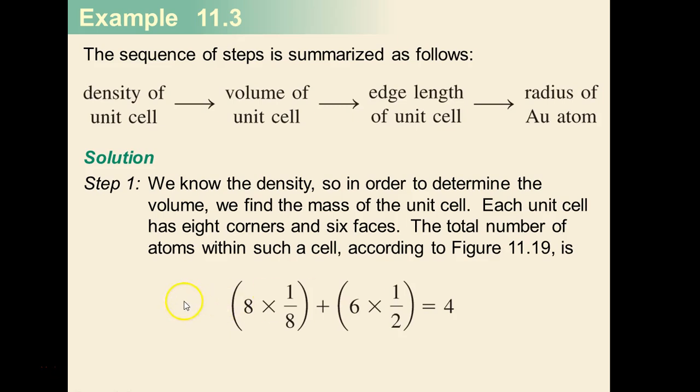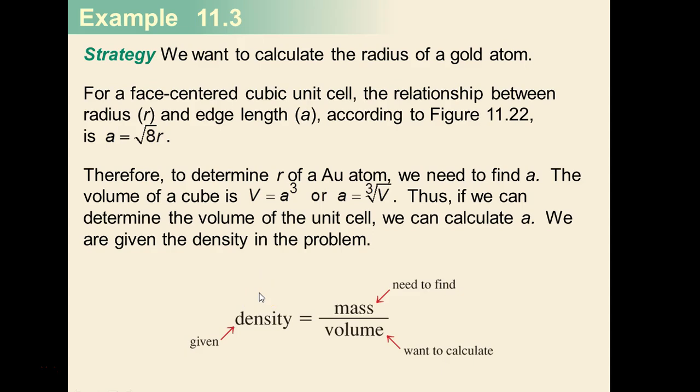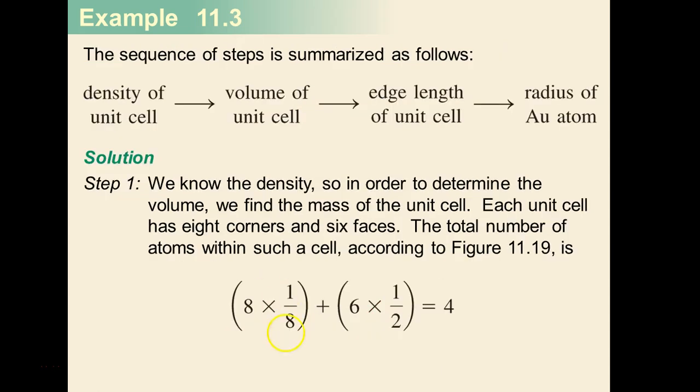Because it's a face-centered cubic cell, there are 8 atoms, each at corners, and there are 6 atoms at each of the faces, corresponding to a total of 4 atoms per unit cell.